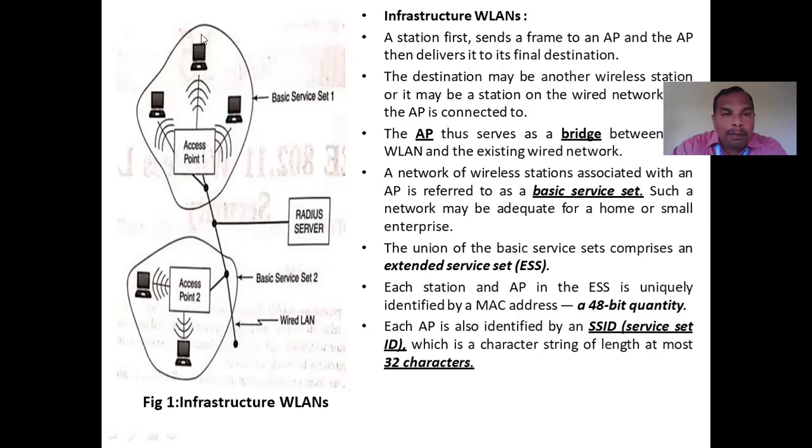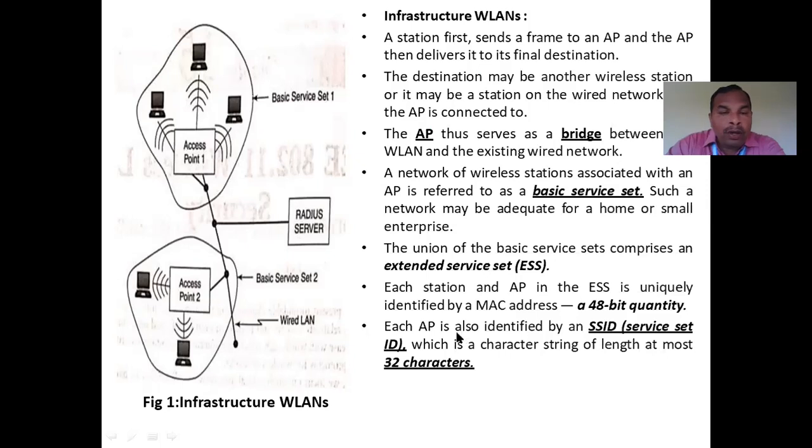Now basic service set 1 and basic service set 2 want to communicate in the form of a wireless LAN, which is possible through a Radius server. The access point holds the information of all the computers under its set, and similarly access point 2 holds the information about the computers under service set 2. The communication between these two sets is possible because of the extended service set.